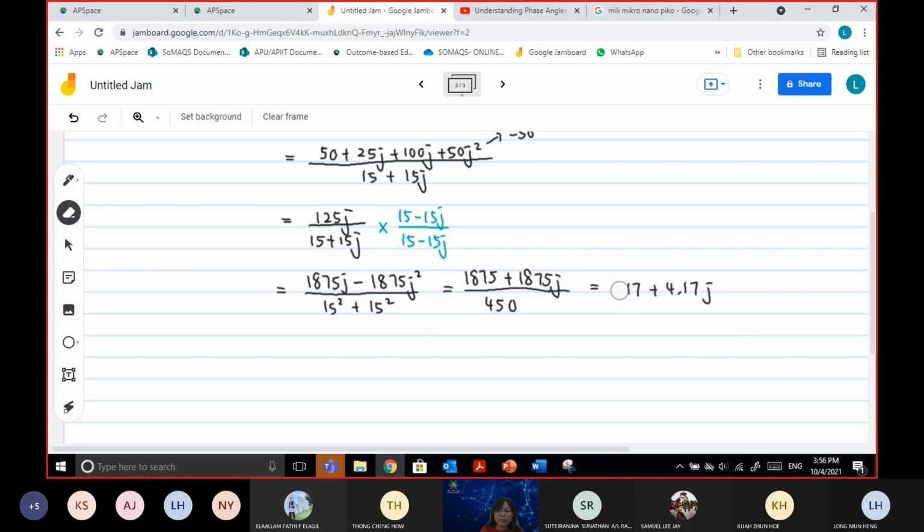Or I can put it in the fraction first, to reduce my rounding error. So 1875 over 450, I have 25 over 6 plus 25 over 6J. Next we calculate the polar form. So R is equal to the square root of 25 over 6 square plus 25 over 6 square.